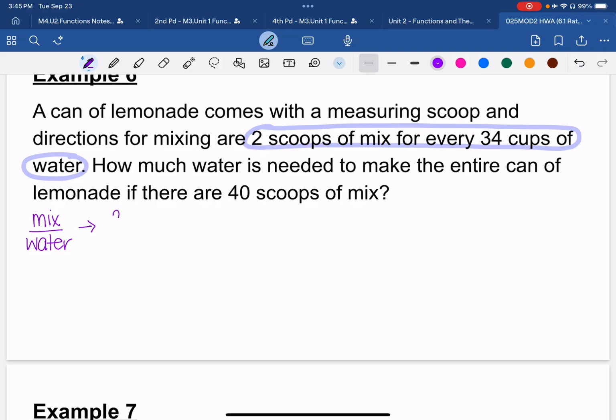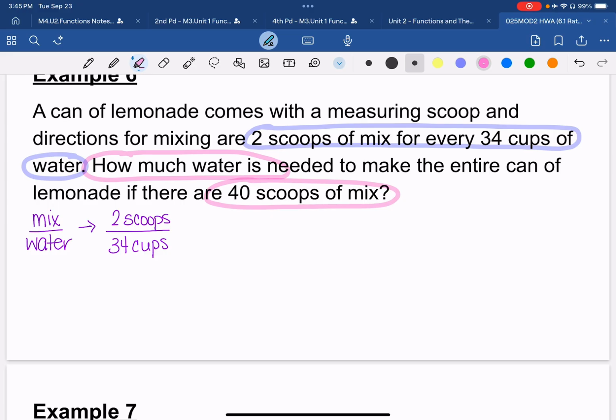So it says 2 scoops for every 34 cups. So there's my ratio. And then it says how much water is needed. Okay, so I don't know about the water, but how much water is needed to make an entire can of lemonade if there are 40 scoops of mix?